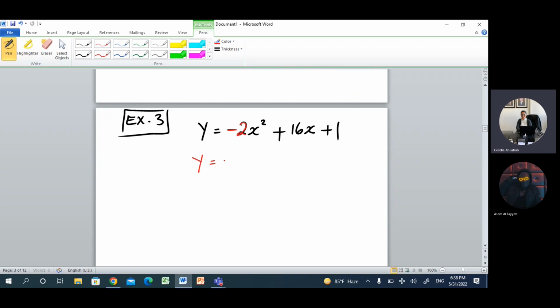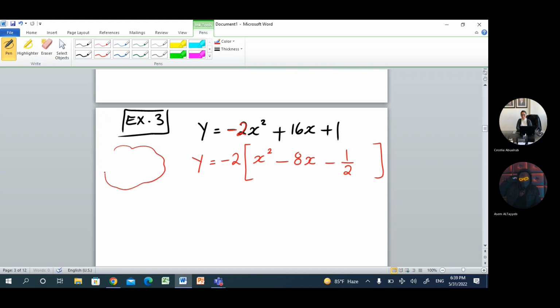So y is equal, the negative 2 will come out. We put the squarish bracket, and here it will be x squared minus 8x, because minus 2 times minus 8x, it will bring back 16x. And here it will be minus 1 over 2, because minus 2 times minus 1 over 2, it will be 1.